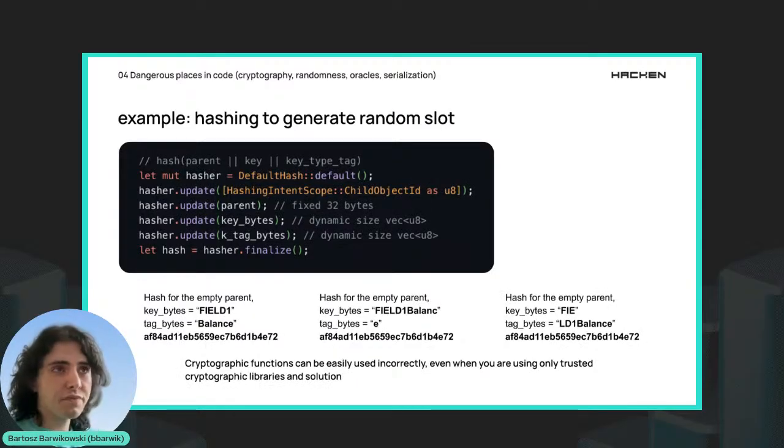Okay, another example is with cryptography, like when you are trying, for example, to generate some hash, and you are not aware that you implemented it incorrectly, like you are using 3 different values, like information about key and value, and you might end up in the situation where for 2 different key and value pairs, you end up with the same hash, because they are implemented incorrectly when it comes to calculating this hash.